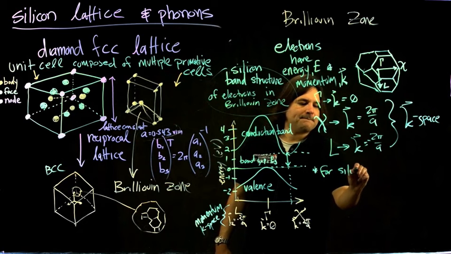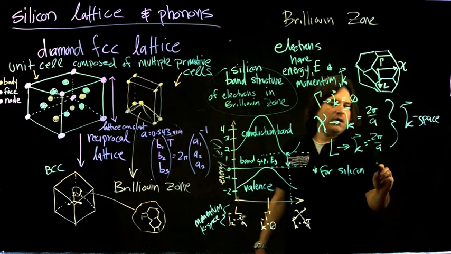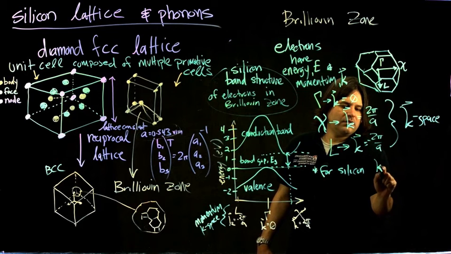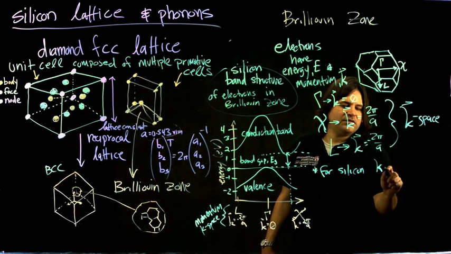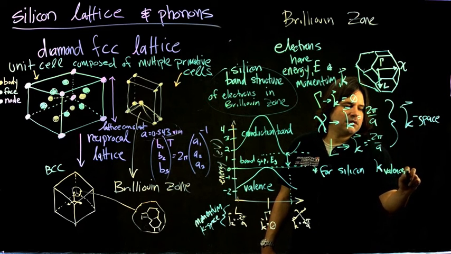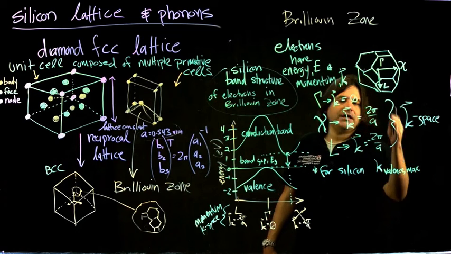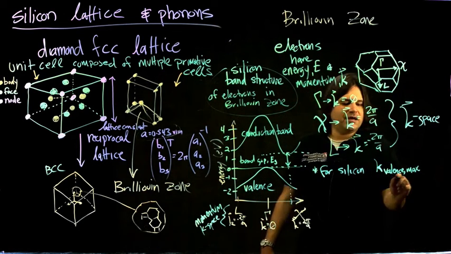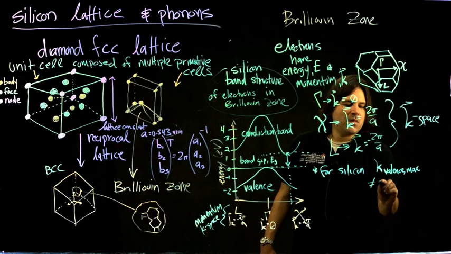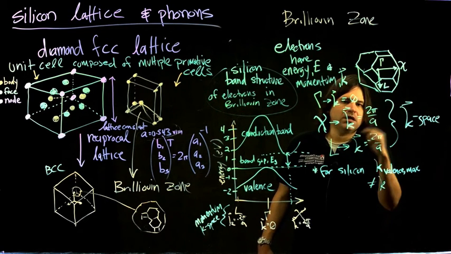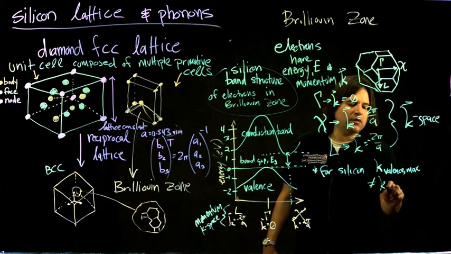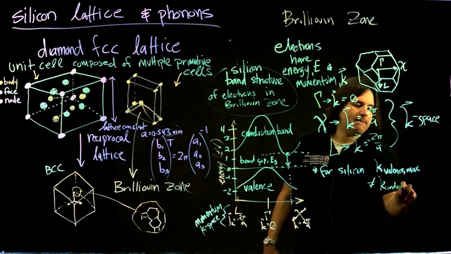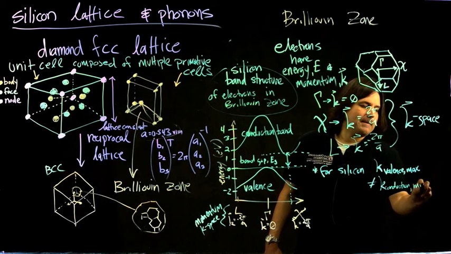So for silicon, the momentum vector k of the valence max, the highest occupied molecular orbital, does not equal that of the lowest unoccupied molecular orbital, the conduction min.